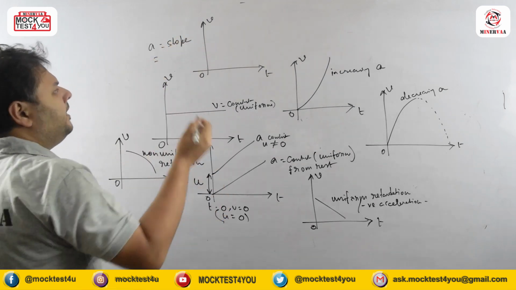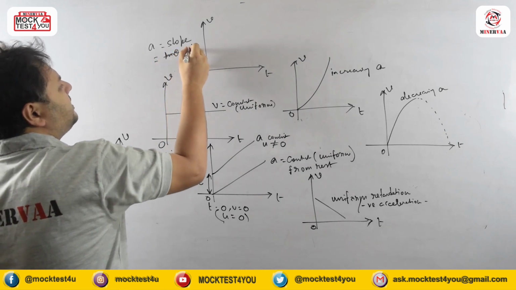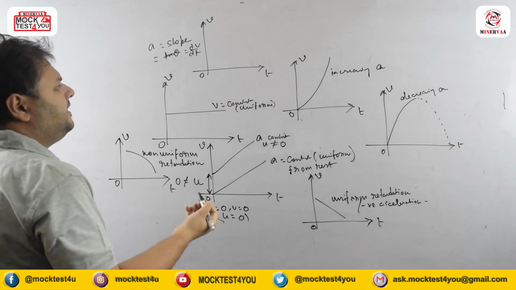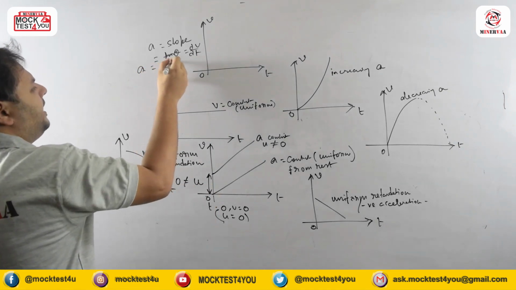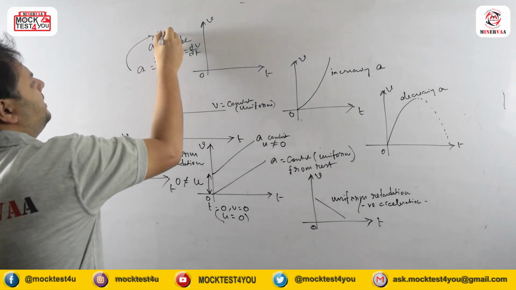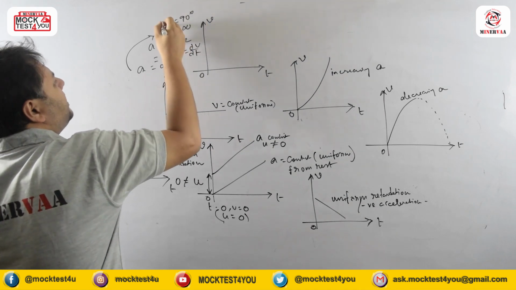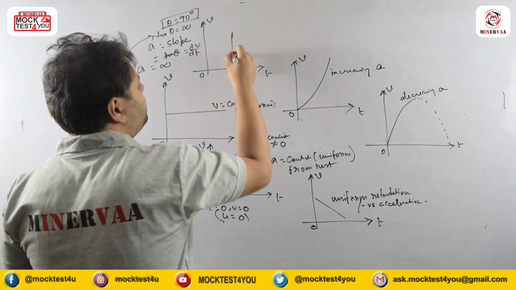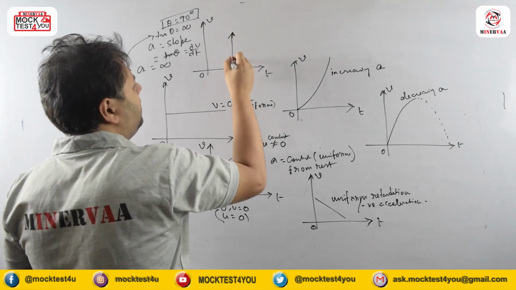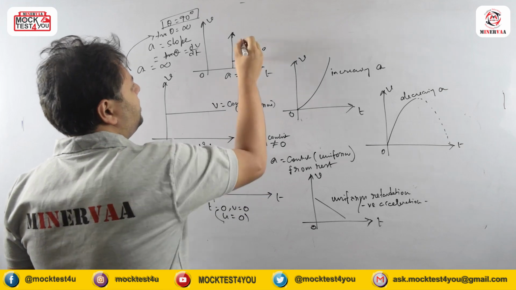Slope can be represented by tan theta, or as dv by dt or del v by del t. Now if acceleration is infinite, that ultimately means tan theta is infinity. So the intersecting angle of the straight line or any curve with respect to the x-axis is 90 degree. If we draw a perpendicular at any point where theta becomes 90 degree, we can have infinite acceleration.